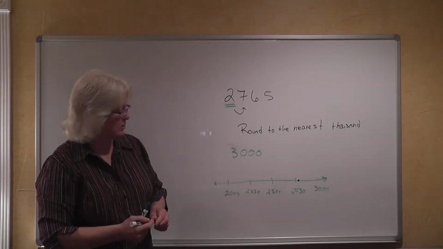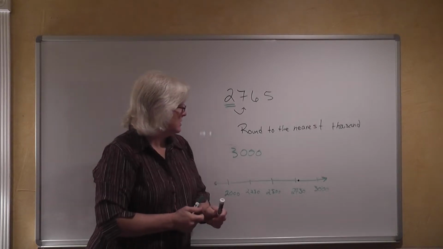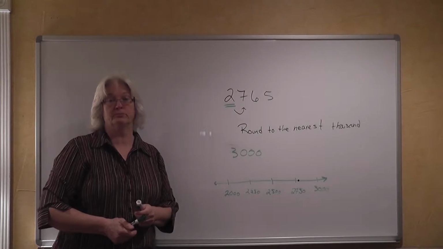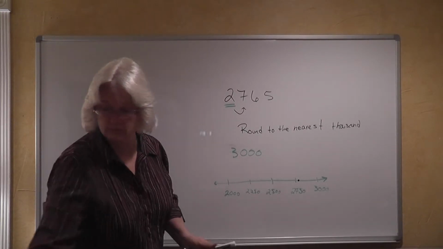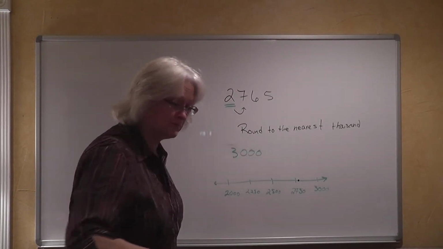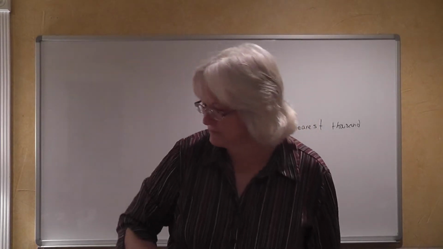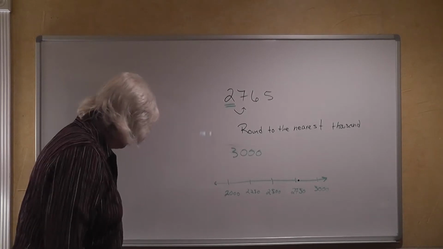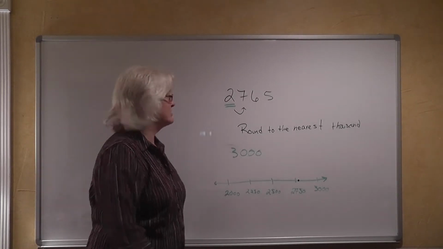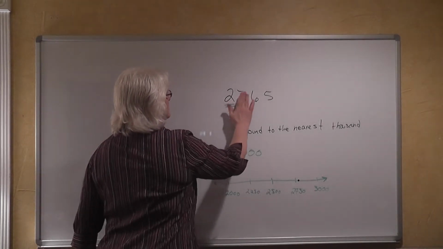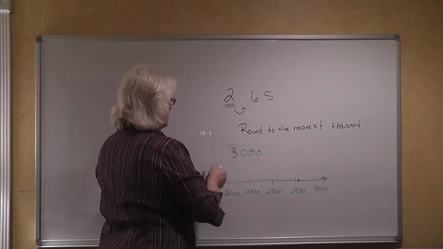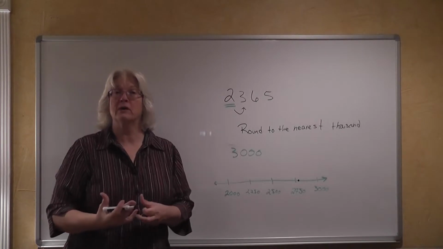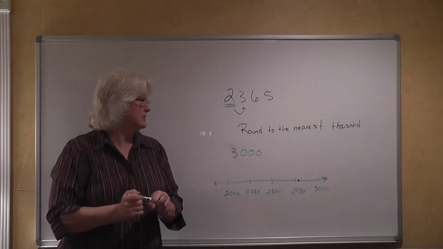Now, let's change the problem and say, what if we had 2,365 rounded to the nearest 1,000.